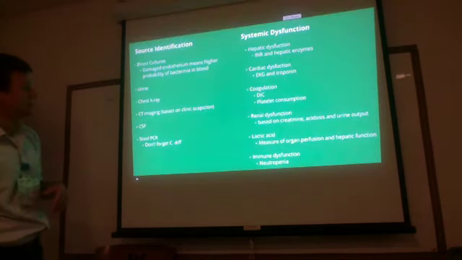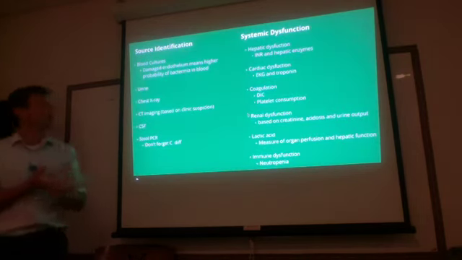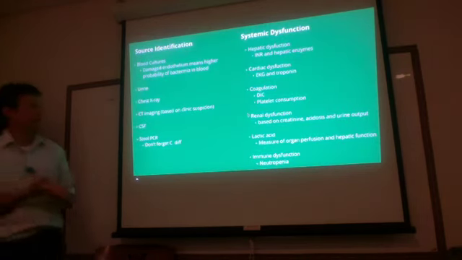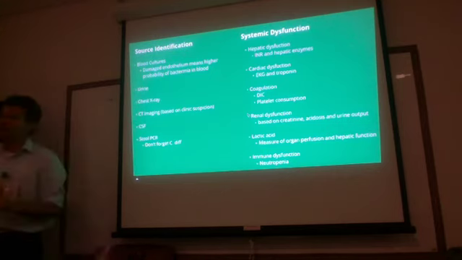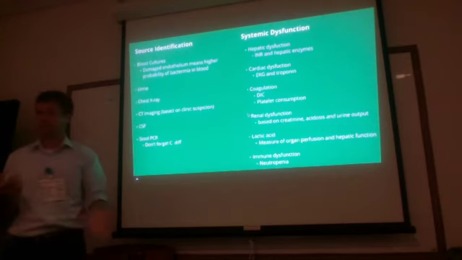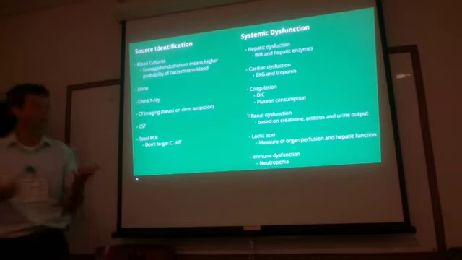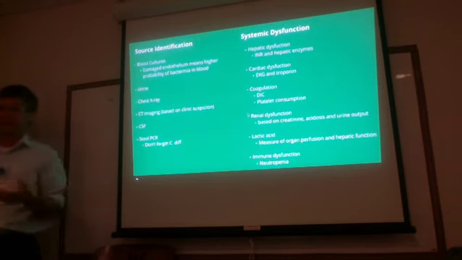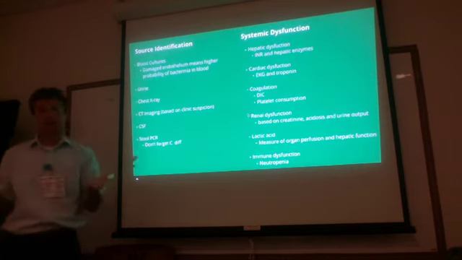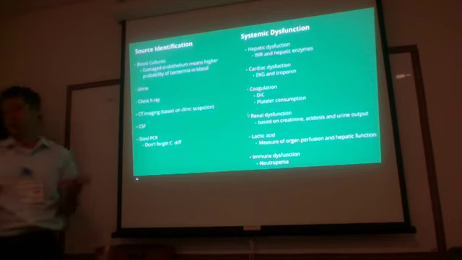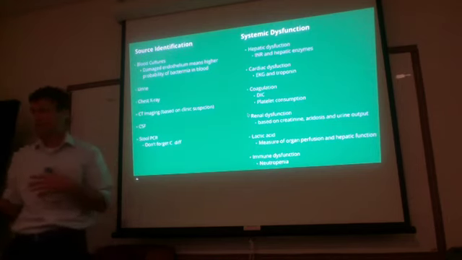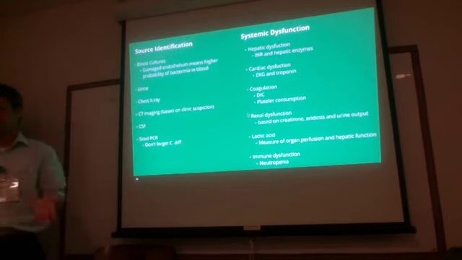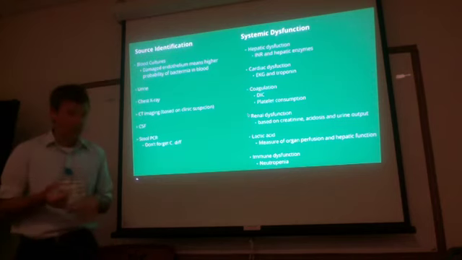So in terms of systemic dysfunction, what are we looking at? We want to see how the liver's functioning, so we get an INR because that should start to increase if the liver's not functioning well. And you can look at the hepatic enzymes. Somebody in septic shock, a lot of times their enzymes will be elevated because there's injury to the liver cells. You look for cardiac dysfunction.